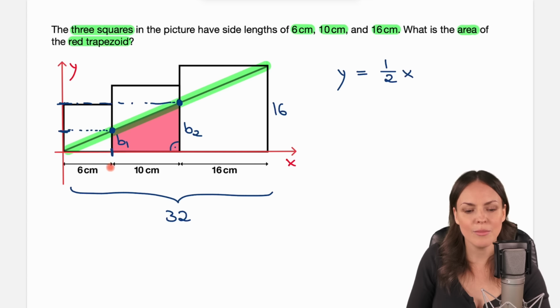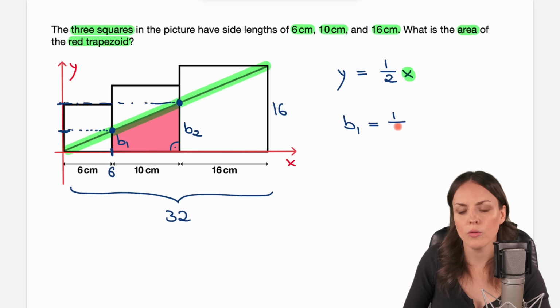We go these 6 centimeters here, so 6 is my x value. I just have to insert 6 into this x here, and then I find my y value, so my b1. So I can find b1 by inserting 6 into my equation, so that I have 1 over 2 times 6. If I calculate this, 1 times 6 equals 6, over 2 equals 3, so my b1 is equal to 3.